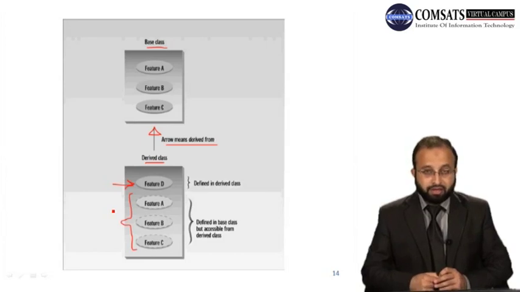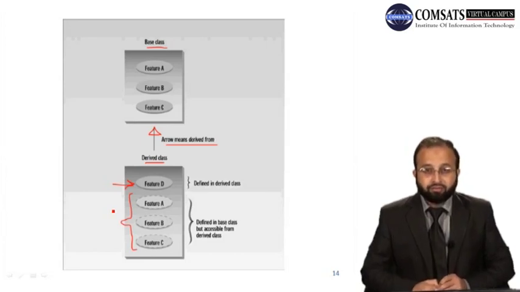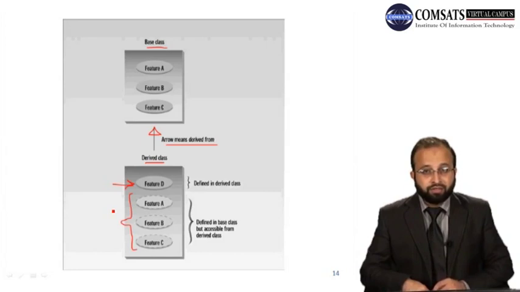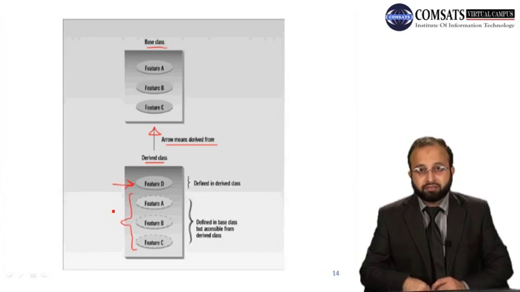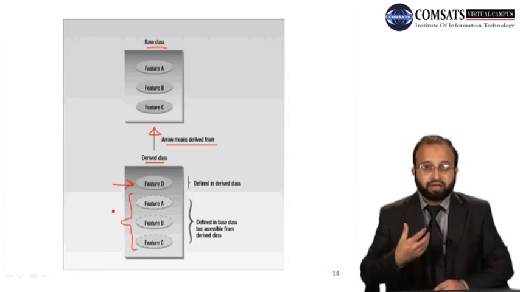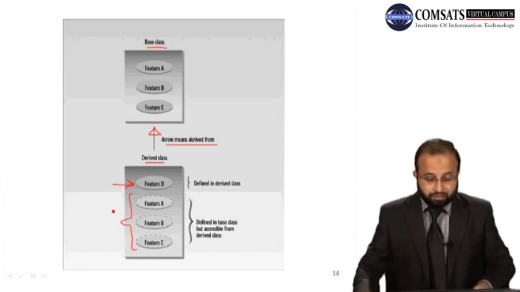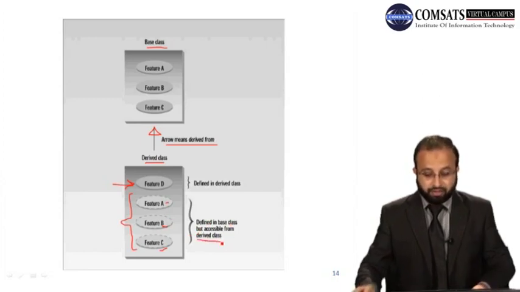So if we say that class B is derived from class A, so class A के जितने भी attributes हैं, जितने भी features हैं, they are accessible in class B and class B may have its own specialized features as well, ठीक है? So these A, B and C features are defined in the base class but accessible from the derived class.